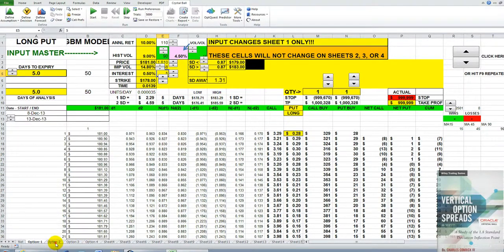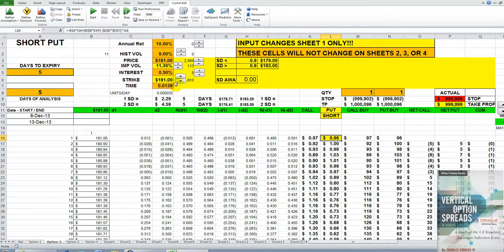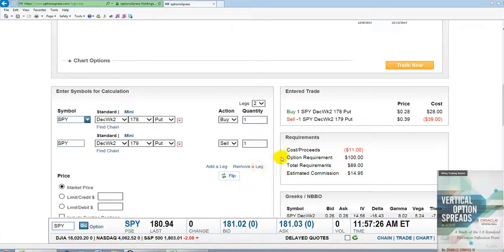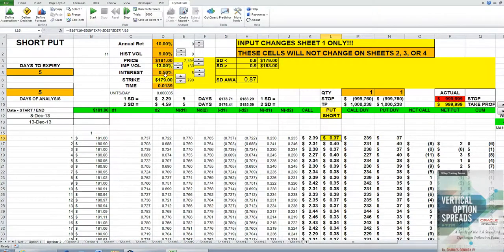And on the short put, we'll trade all the way down to 179, and we want that up to, I believe it was 37, I think. 28.39, not 37, 39. Okay, so let's change that to 39, and there we have it. The first sell is at 39, and our strikes are set now at 78, 79.